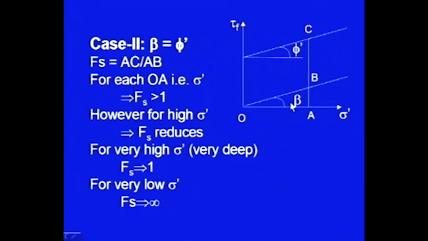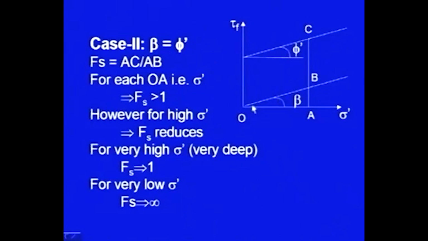So, we are analyzing a slope which is having slope angle exactly equal to phi dash. So, what is going to happen? At each value of OA, means at each value of sigma dash, Fs will always be more than 1. Whether you take the point here, or here, or here, this ratio is always more than 1.